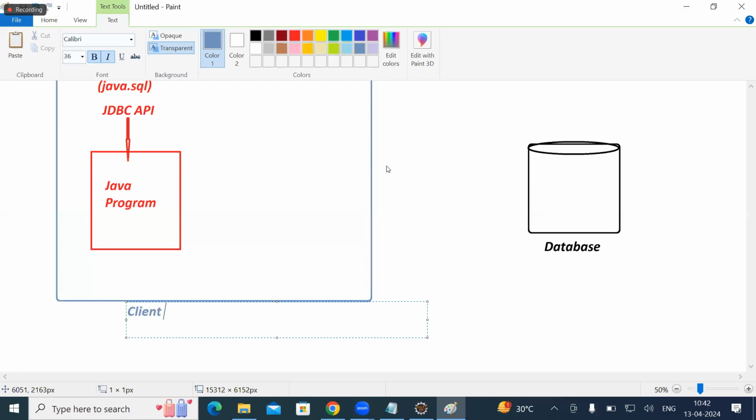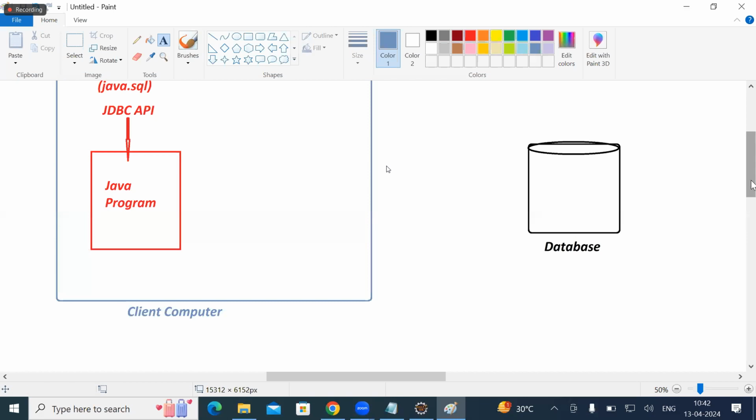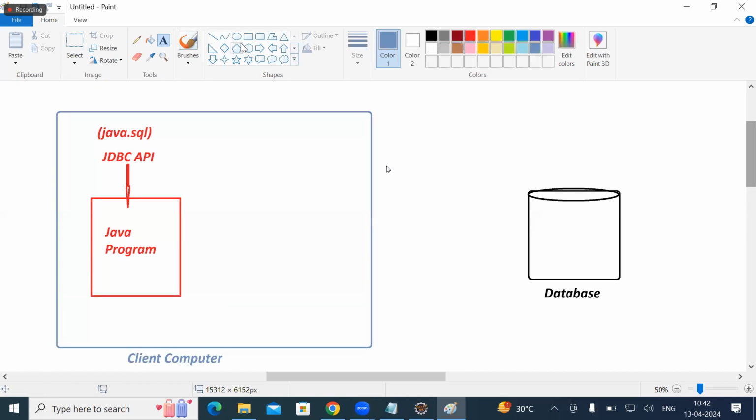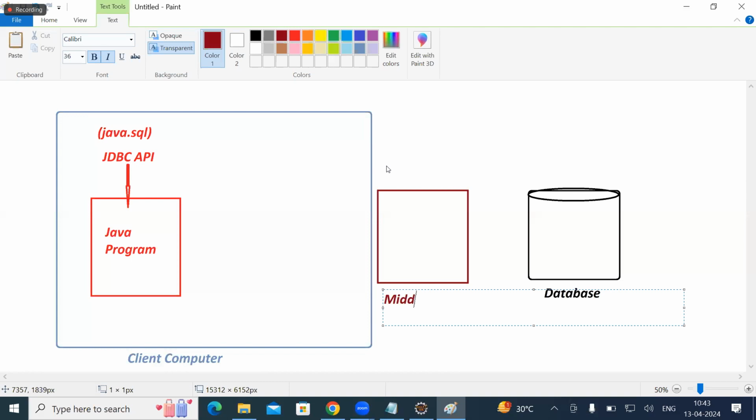Right. So one concept came from 2006 onwards. Servers came. We call them middleware servers. Middleware servers came.